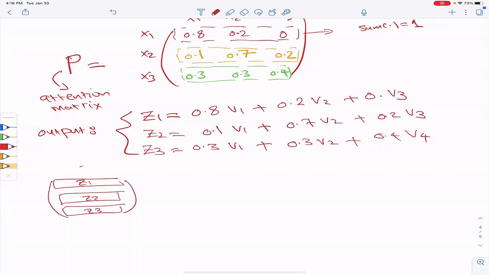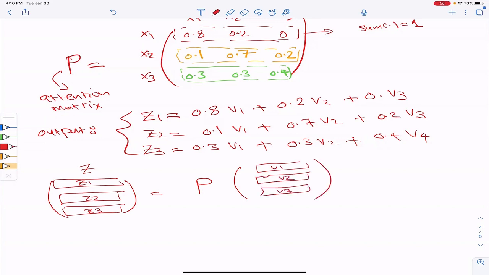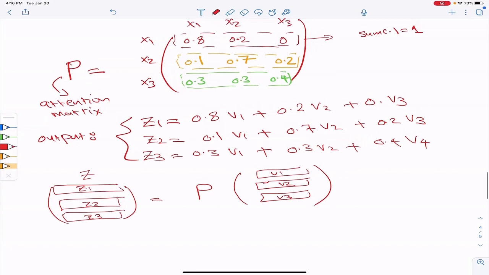I can write this as matrix P, the attention matrix, times the matrix of v's. The rows are v1, v2, and v3.